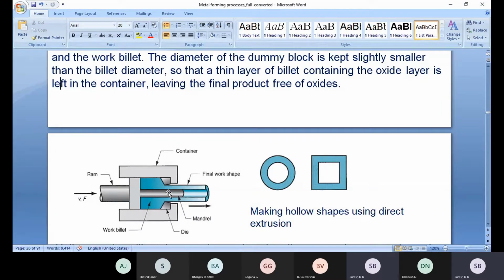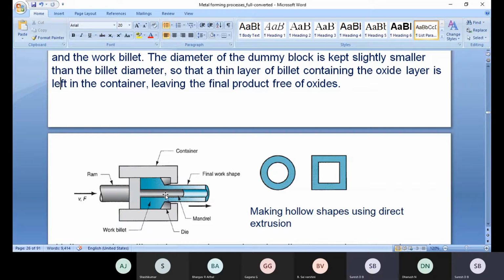If you want a small thickness, use a larger mandrel diameter exactly at the center of the piston. If you want a maximum thickness, use a smaller mandrel diameter at the center of the piston. Depending on the thickness, you can change the mandrel diameter.